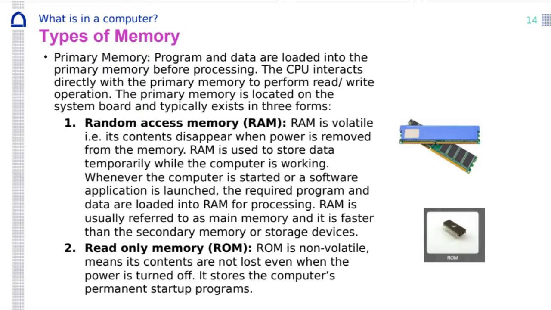It works only whenever the computer is started or a software application is launched. It is the main memory, and by the way, the RAM is usually faster than the permanent memory or the secondary memory.